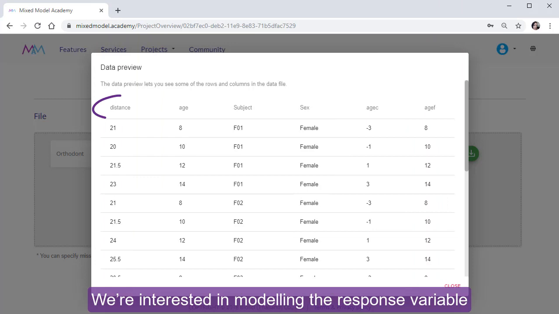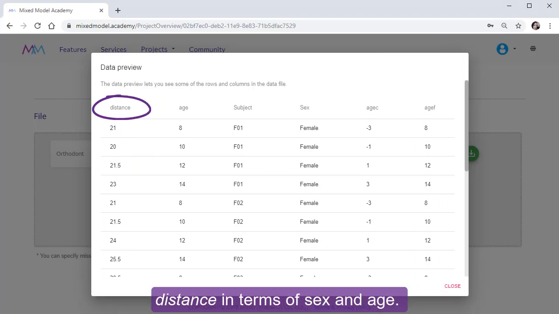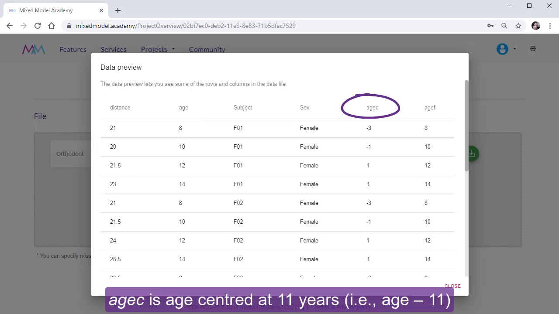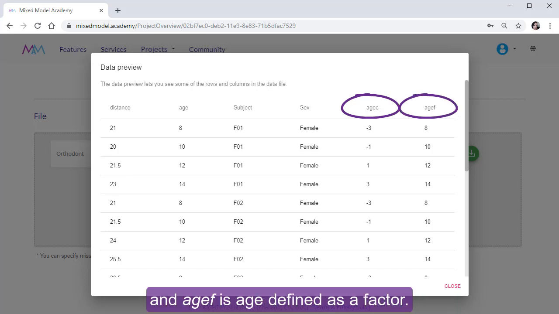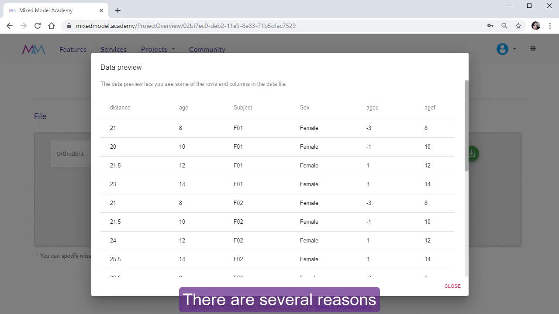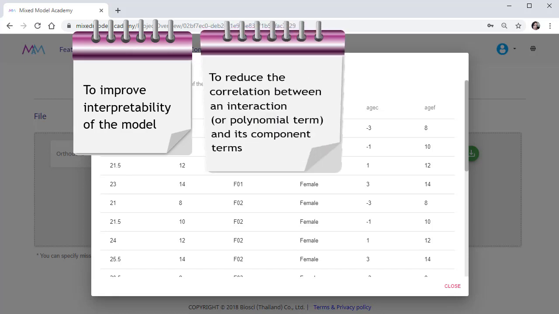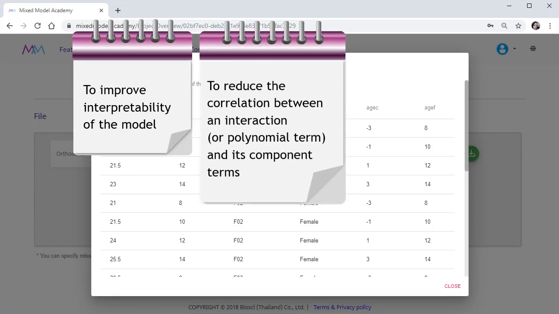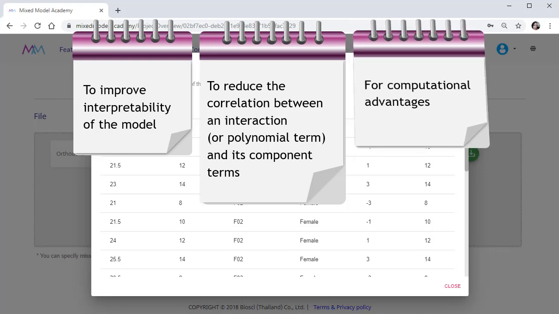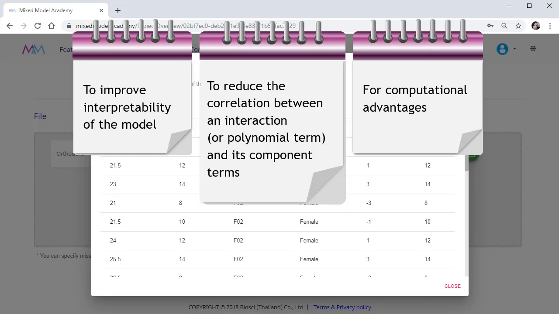We're interested in modeling the response variable distance in terms of sex and age. Age C is age centered at 11 years, i.e. age minus 11, and age F is age defined as a factor. There are several reasons why covariates are usually centered: to improve interpretability of the model, to reduce the correlation between an interaction or polynomial term and its component terms, and for computational advantages.